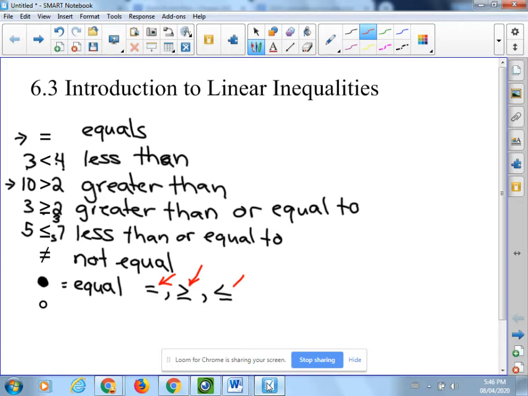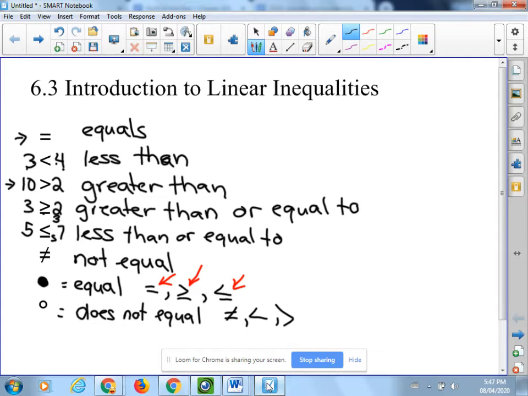Whereas the open unfilled circle is representing does not equal. And this one is going to go with the symbols of does not equal, or just less than and greater than.